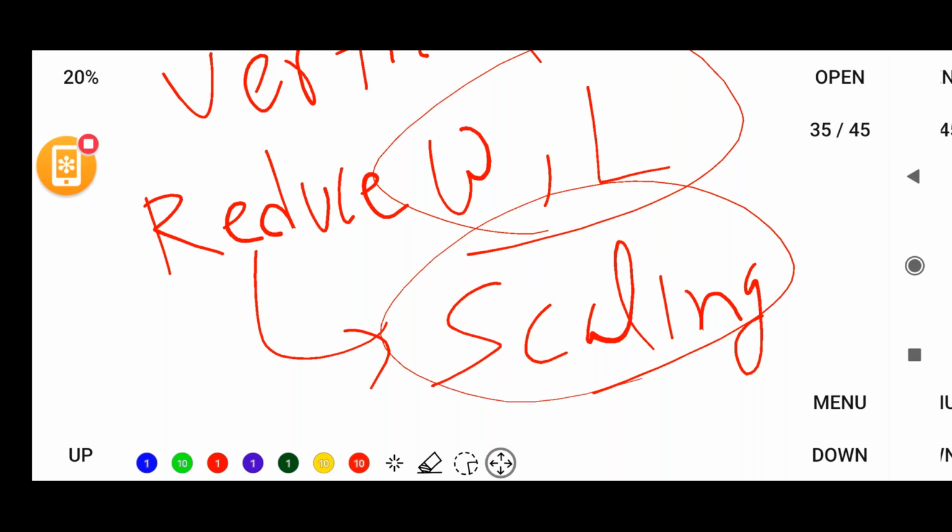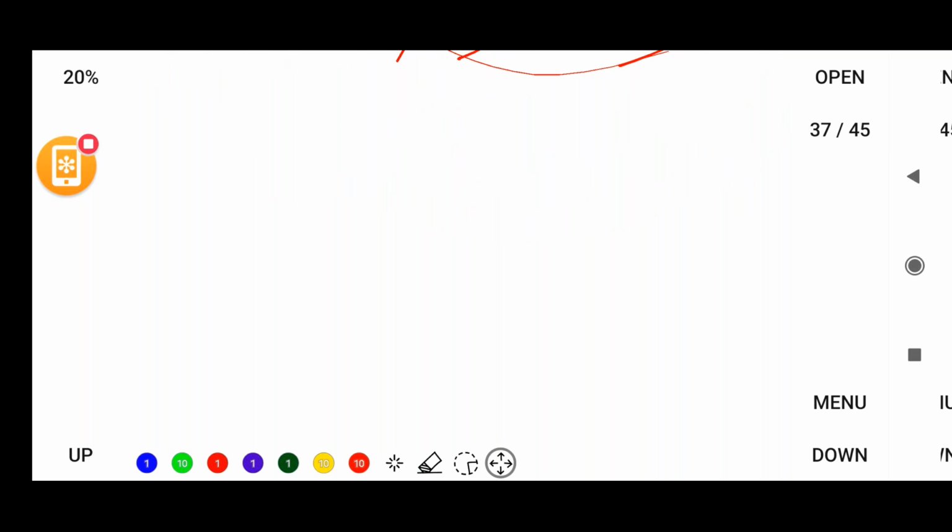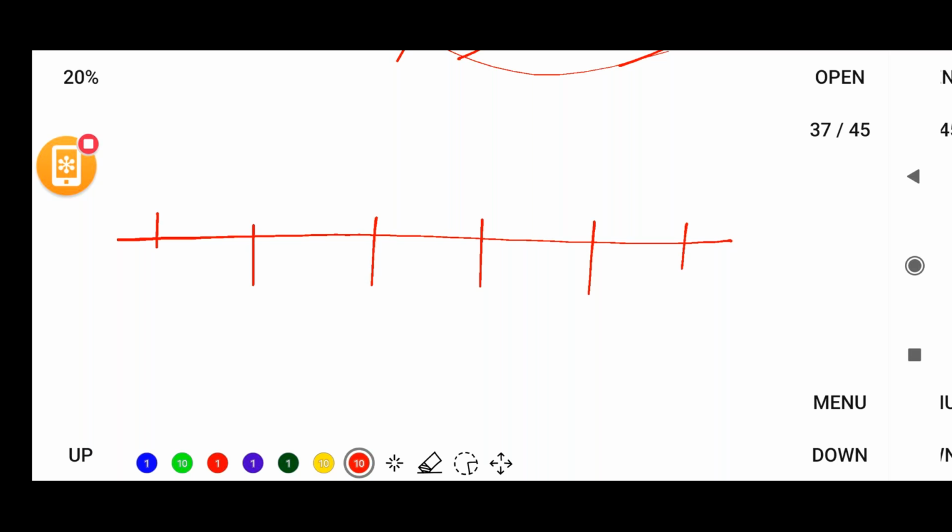Now just one more discussion. In the evolution of VLSI, or the advancement in VLSI circuits, the main thing is the technology node available.